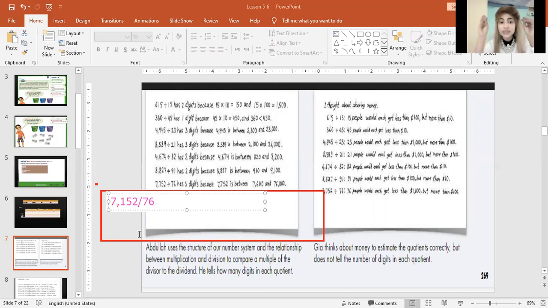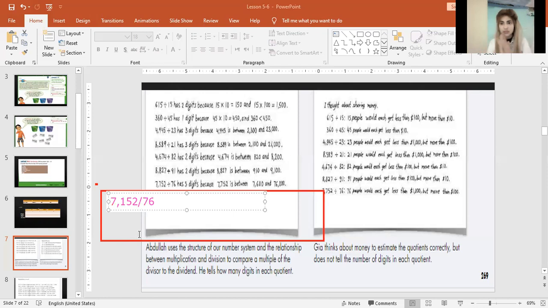It depends on multiplying the small number by 10 and 100 and 1,000 and seeing which numbers the dividend is between. If it is between the tens and hundreds, the answer will be 2 digits. If it is between the hundreds and thousand, the answer will be 3 digits.